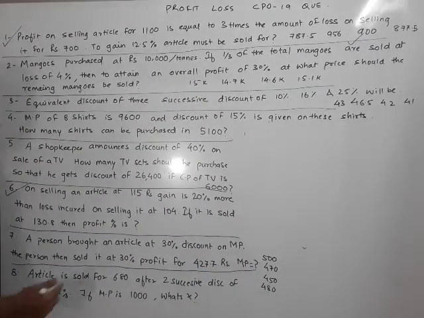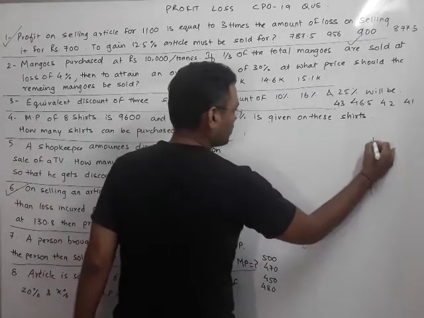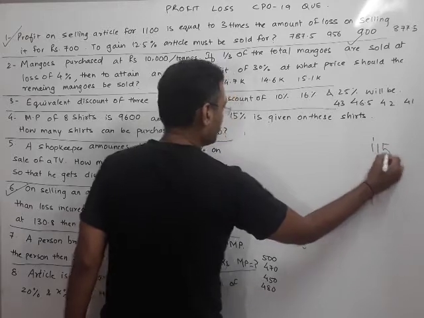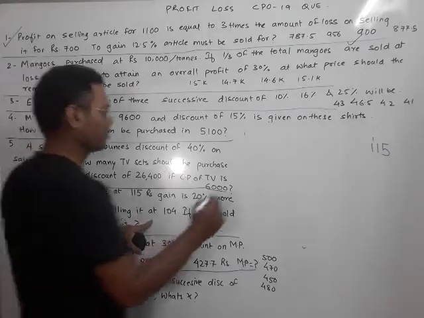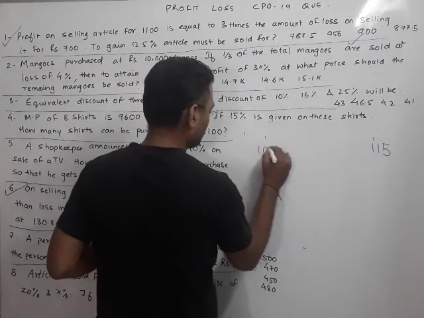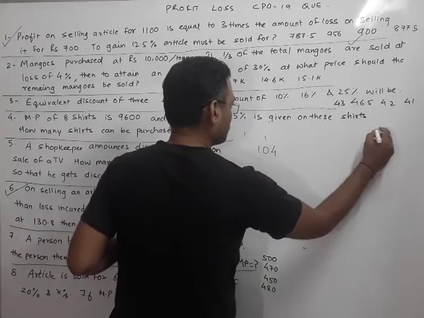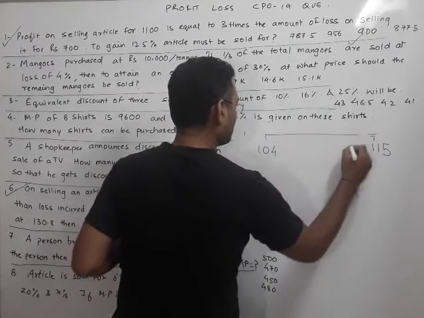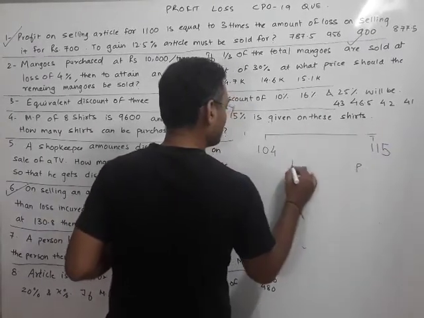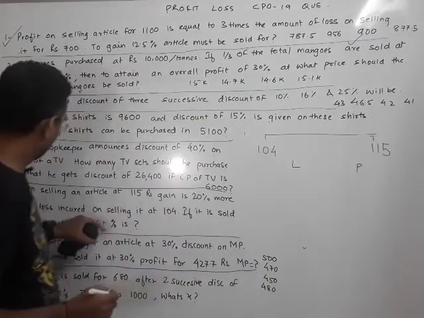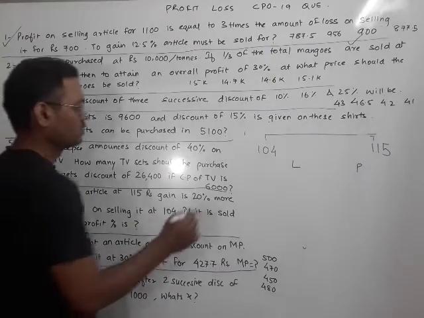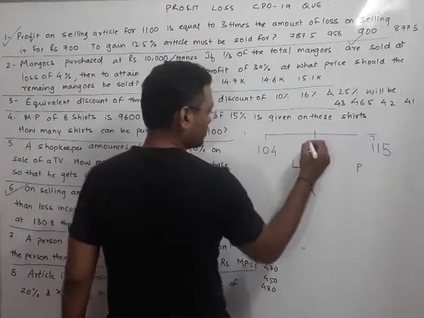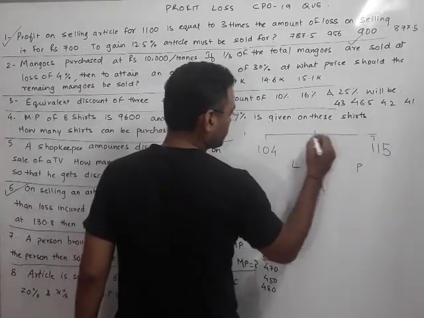on selling an article at 115, gain is 20% more than loss incurred on selling it at 104. This side is gain, which is profit, this side is loss. Gain is how much? 20% more than loss. So loss is this side, gain is 20% more.